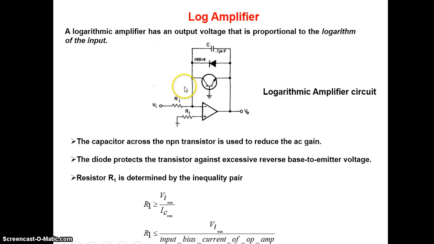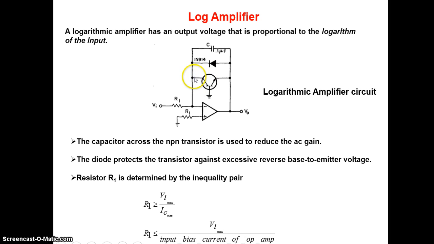The emitter of the transistor is connected to the output, the collector is connected to the input, and the base is connected to the ground. So it's just formed by placing a transistor in the feedback path of the op-amp.